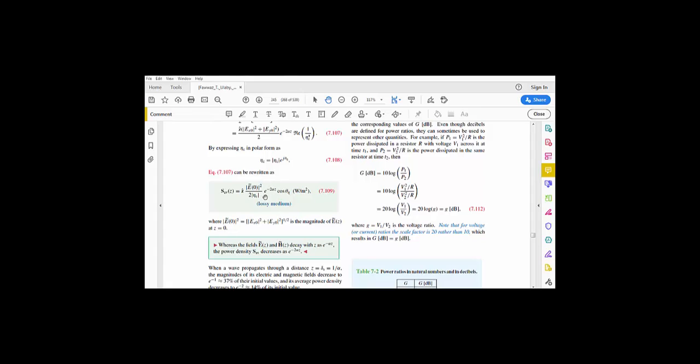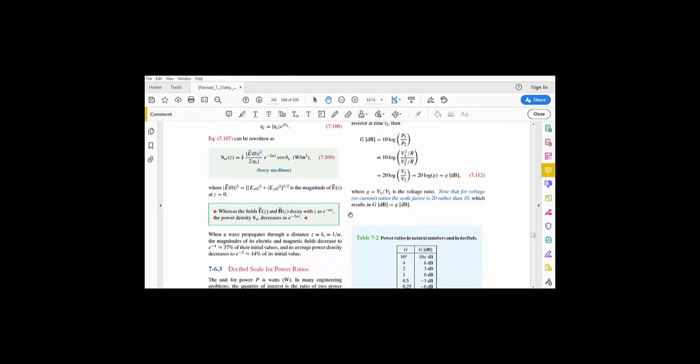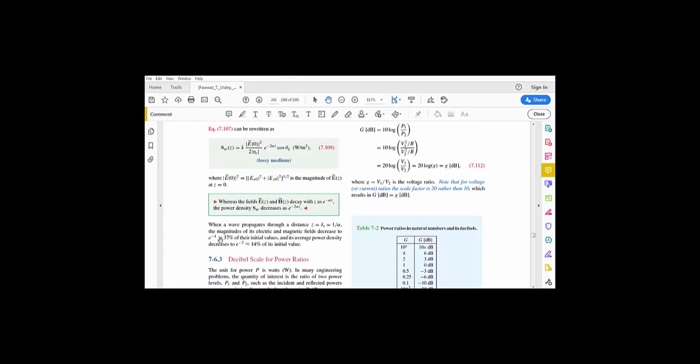We expect the penetration depth in case of the power to be half of the penetration depth of the fields. So if the fields reach about 37% after 1 over alpha, the power for the same distance will reach about 14% of its initial value.